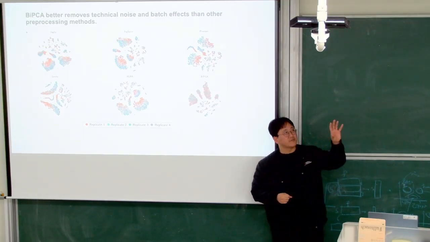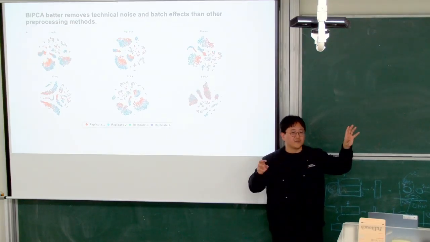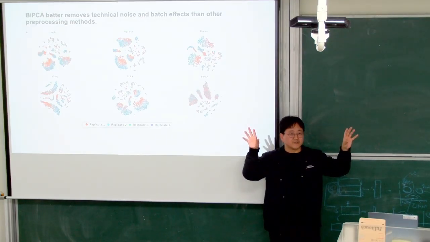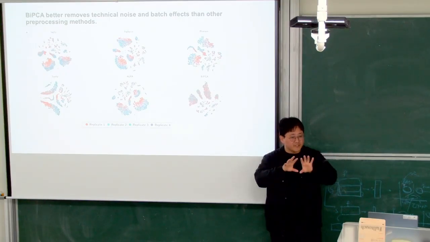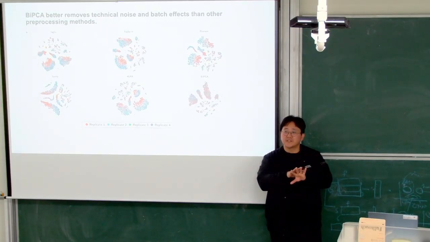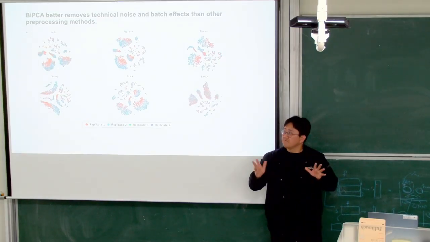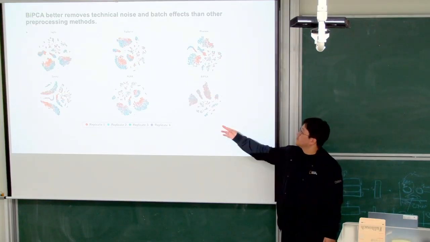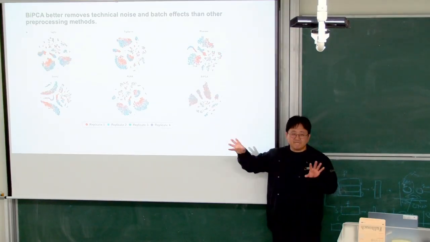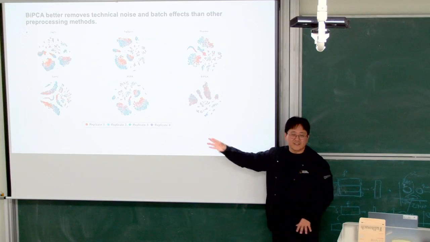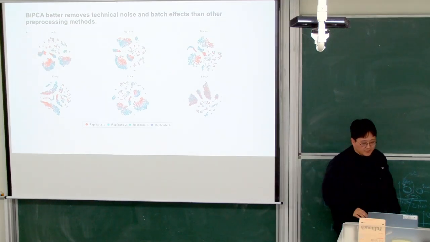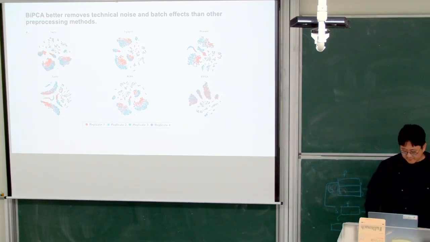So you culture the B cell from experiment A, and you culture the same B cell from experiment B. After merging, these cells should be mixed because they belong to the same cell type. They argue that they can correct and well mix cells.